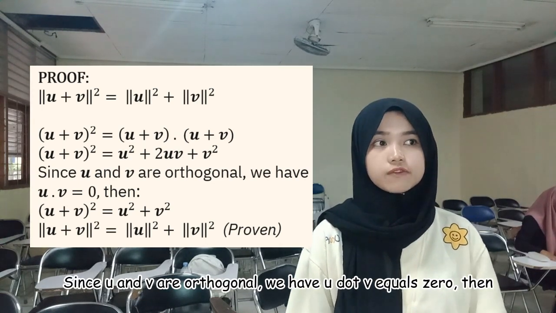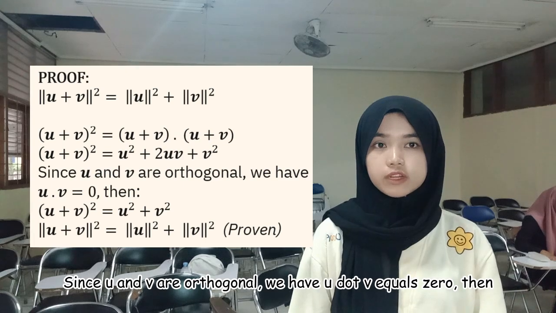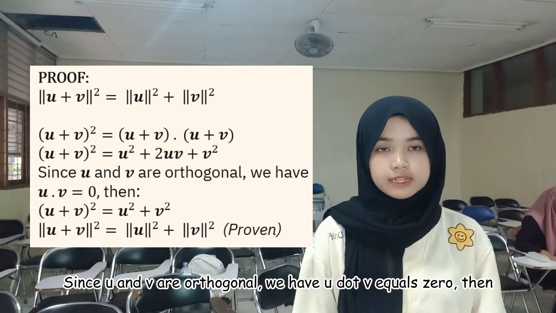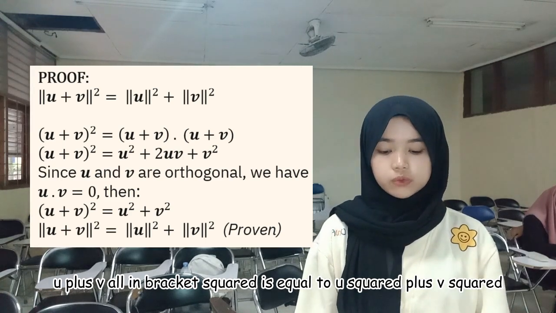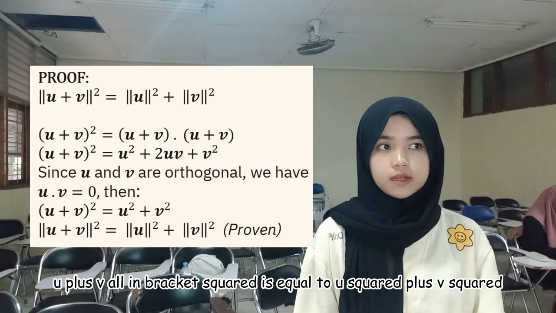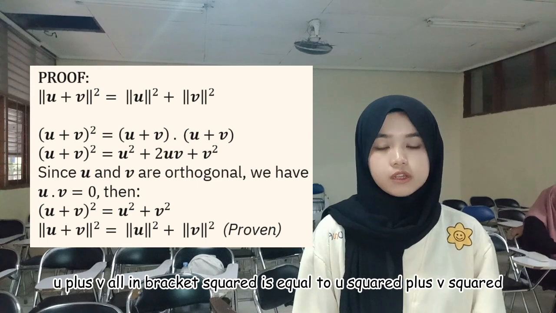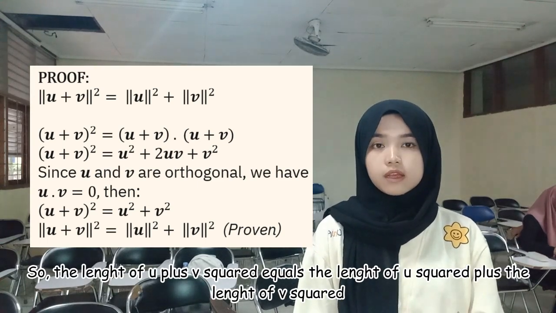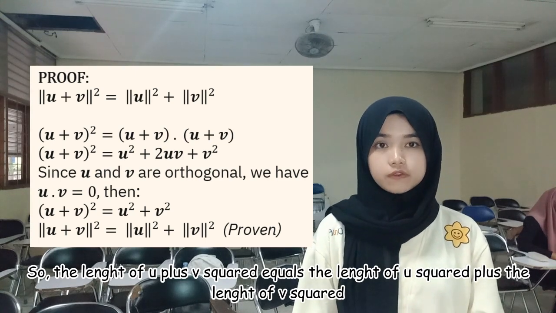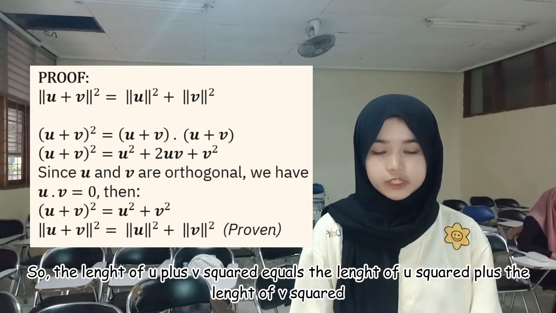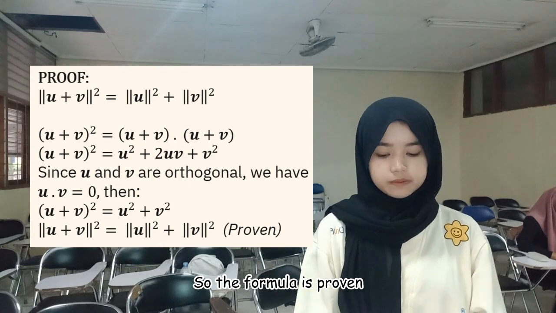Since u and v are orthogonal, we have u dot v equals 0. Then (u plus v) squared is equal to u squared plus v squared. So the length of u plus v squared equals the length of u squared plus the length of v squared. So the formula is proven.